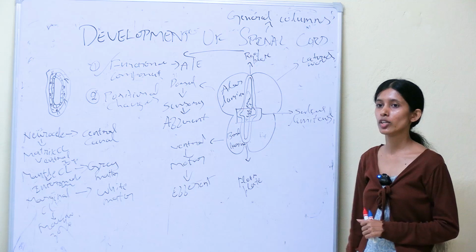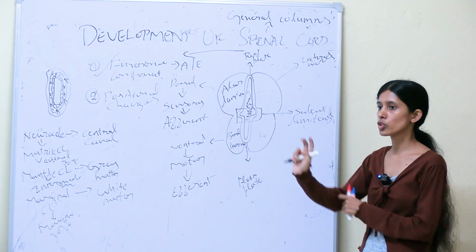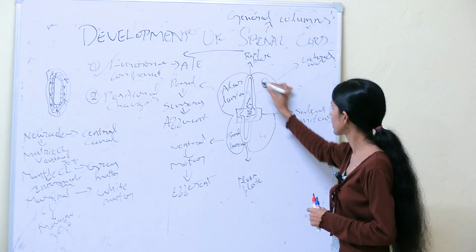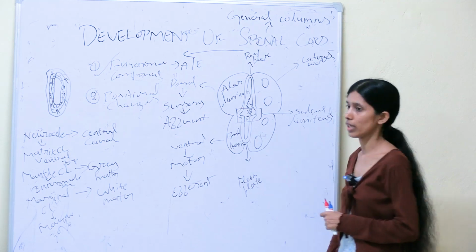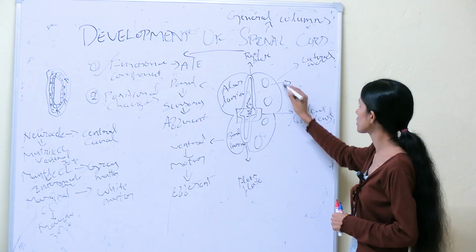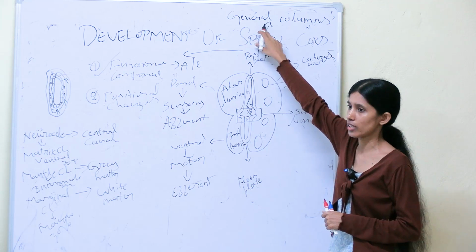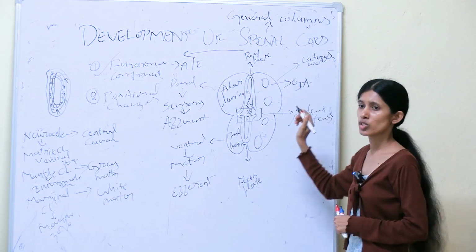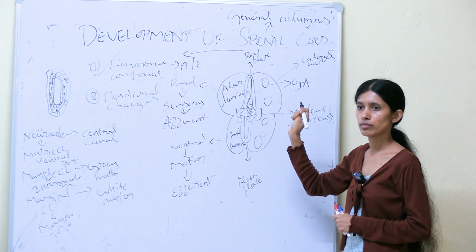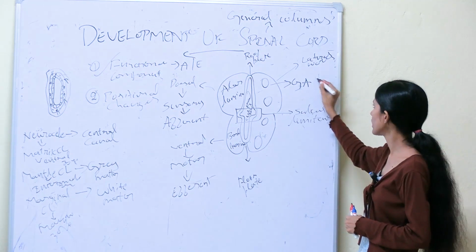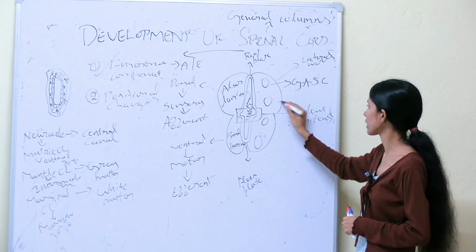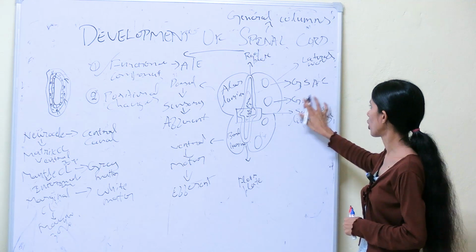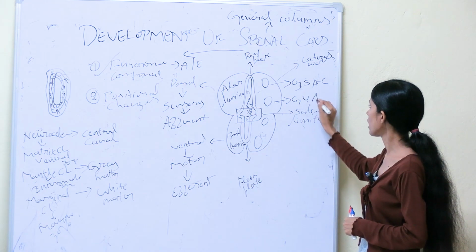So, in your spinal cord totally we can see 4 columns, 2 in alar lamina region and 2 in basal lamina region, okay. I will write it here like this, okay. The very first one is, I already mentioned, we can see only the general column. This is general somatic afferent column and general visceral afferent column.